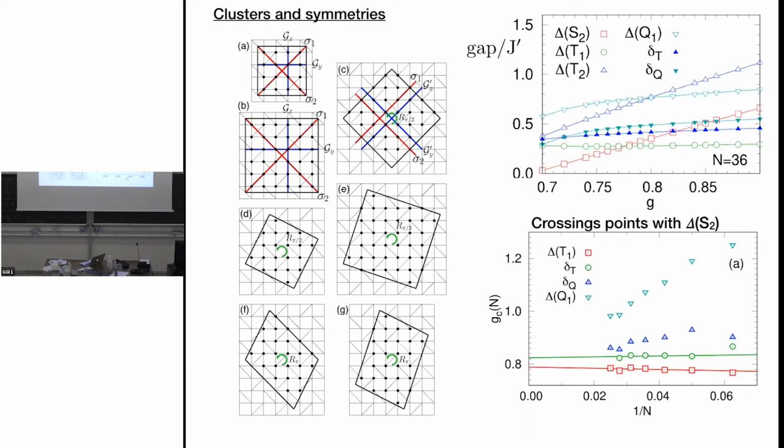The most important thing here is that these two seem to extrapolate to different points. So that one will indicate the end of the plaquette singlet state, and the other one will indicate the starting of the antiferromagnetic state. And what people have believed is that those should transition into each other at one point.